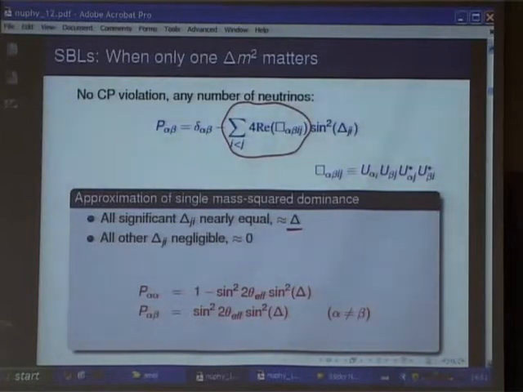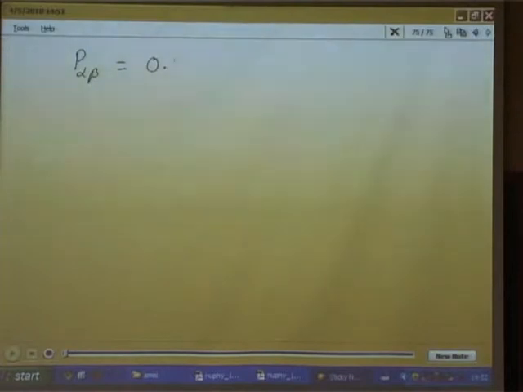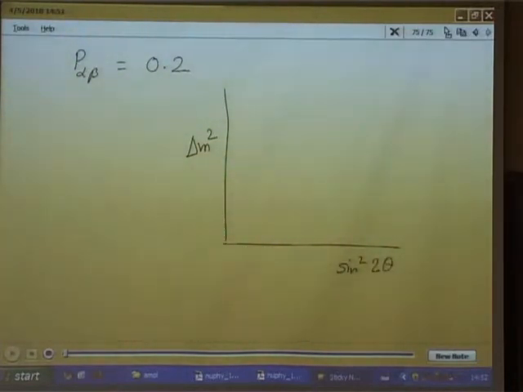Let's say we measure this and find P alpha beta to be equal to 0.2. So now you have to see what this will look like on a plot which has delta m square on this axis and sin square 2 theta on the other axis.